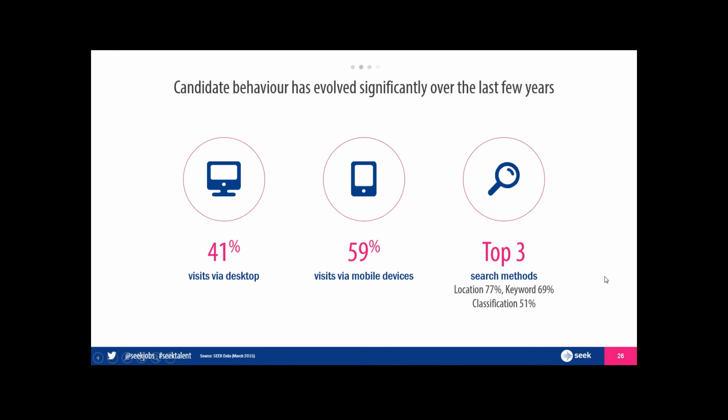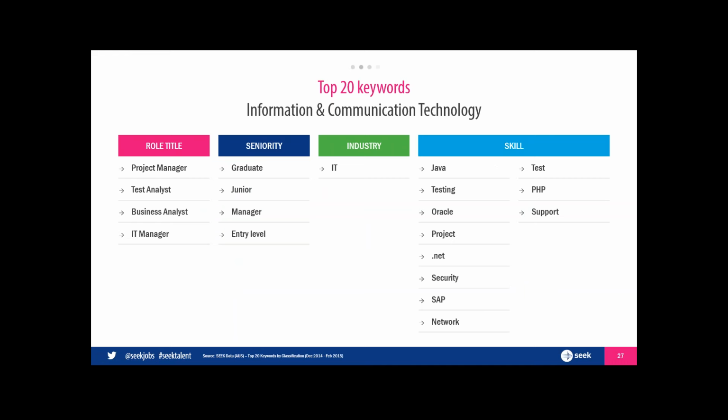But the main way that they search, they use a combination. They'll use location. Location is massive. They'll use keyword and they use classification. Now, whenever I show keyword, people say, what are the keywords? So we've got that for you as well. Top 20 keywords. By industry, they usually skew towards role title, but with this particular industry, it's more by skill. And that's because it's IT.